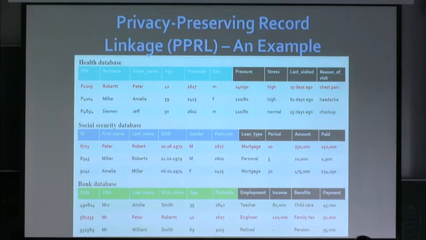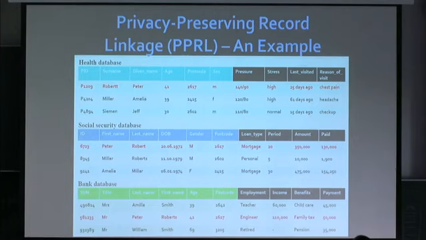So first let me start with a motivating example of why multi-party privacy preserving record linkage is required. Assume a demographer aims to investigate how mortgage stress affects people from different ethnic backgrounds and with different education and employment levels with regard to their mental and physical health.